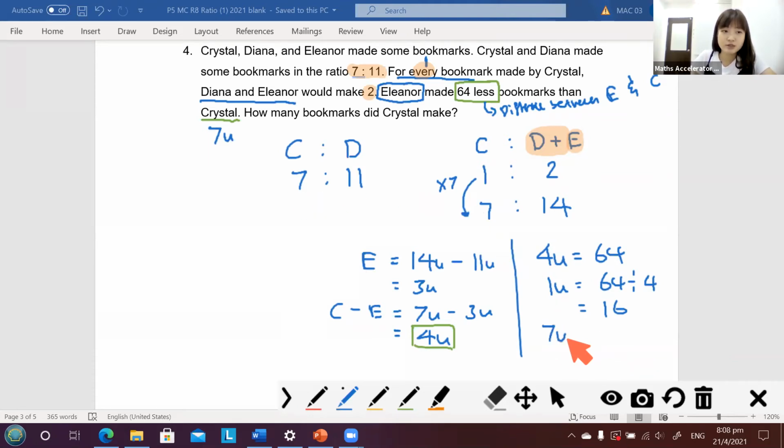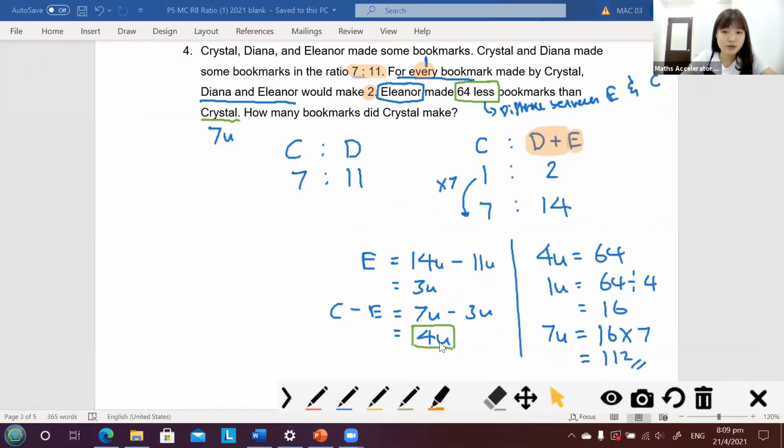So 7 units, 16 times 7. What's your final answer? You can calculate, type into the chat. Thank you. 112. So that's your final answer.